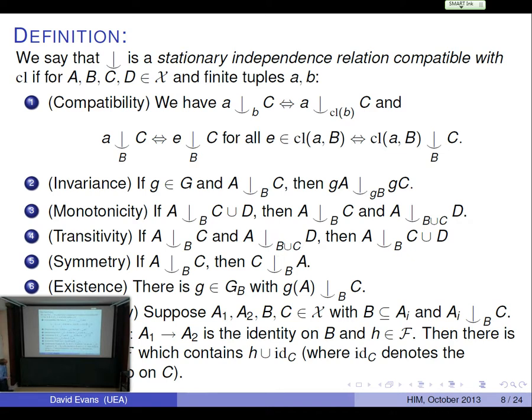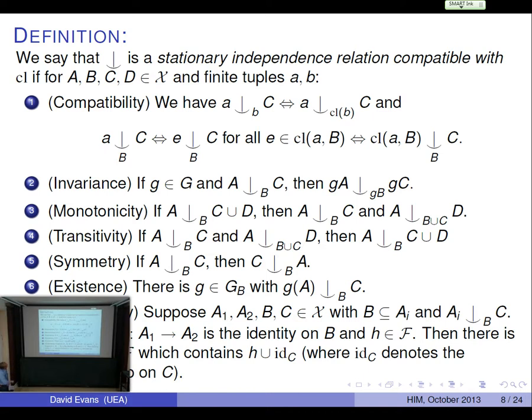okay, so we're going to say that this relation is a stationary independence relation compatible with the given closure if for all A, B, C, and D, which are closures of finite sets and finite tuples, well, the first one says this is really about closed sets. So, for example, if A is independent from C over B, then that happens if A is independent from C over the closure of B. This is a perfectly reasonable thing.